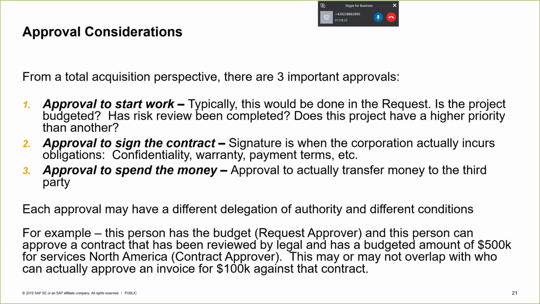When we think globally, when we think how many approvers we need in the system, what is it for approvals? What would be the milestones? Is the approval to start work? Am I allowed? Am I supposed to? Is it okay if I start negotiating with my suppliers?